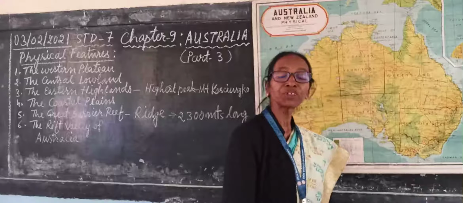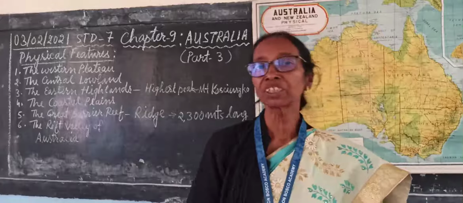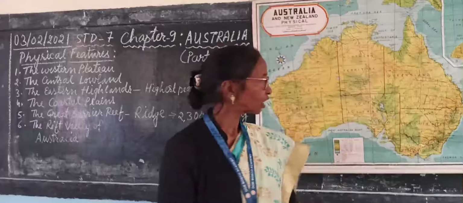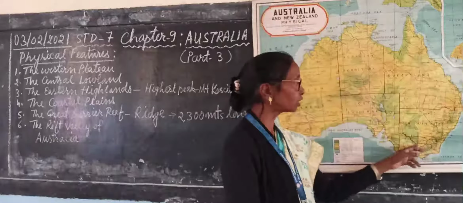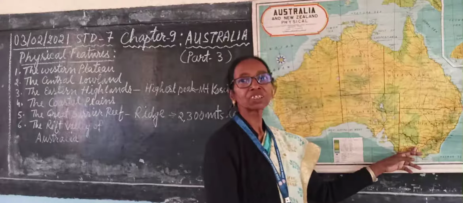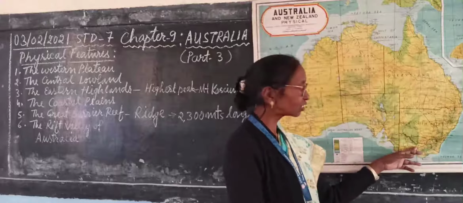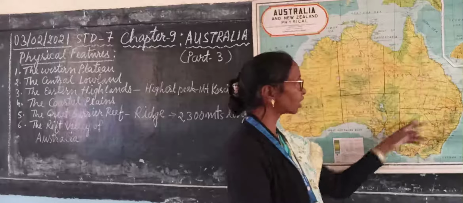It was very difficult for the explorers in the ancient period. Nowadays it is very good and important because many rivers rise from this eastern highland, and two perennial large rivers are River Murray and Darling.